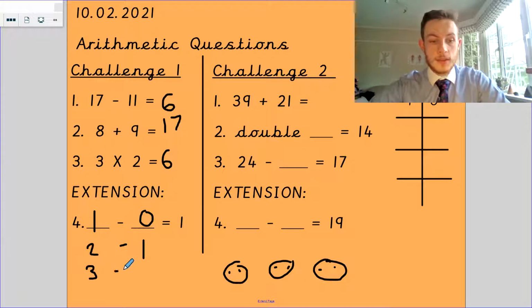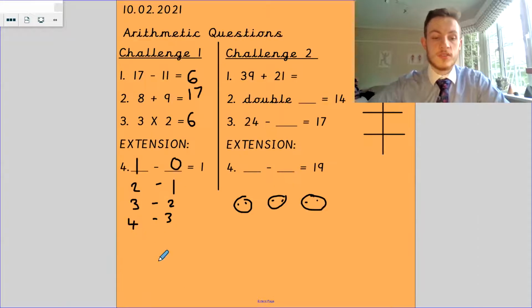And then the pattern continues because as you see, we're still going to equal 1 each time, but these numbers count up and these numbers count up. There's always a difference of 1 between each of these. There's always a difference of 1 from 4 to 5 and from 4 to 3 and 3 to 2.